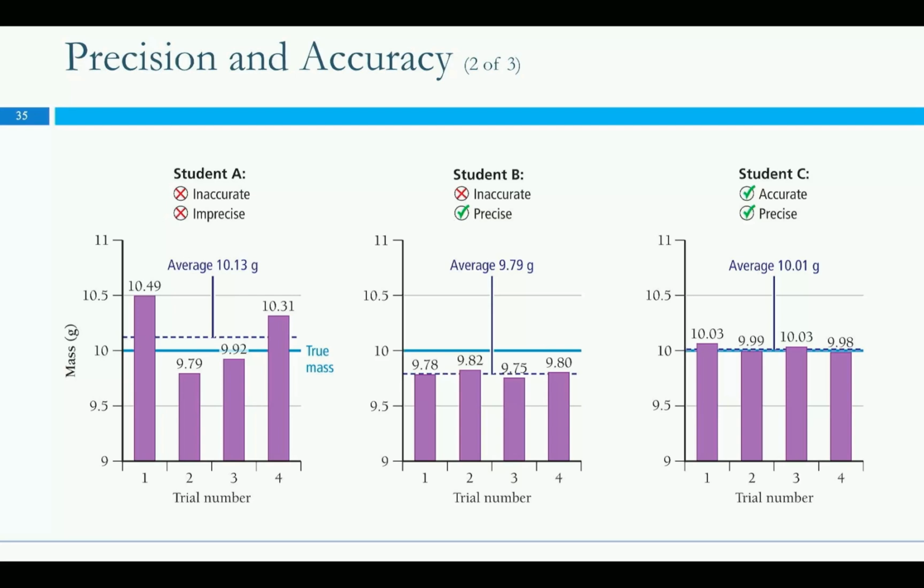You can also see that these values are pretty close to the scatter around this average line, similar to student C. When we're talking about precision, how close these are, both are precise. When we're talking about accuracy, how close to the true value, this is accurate, this is inaccurate and imprecise.